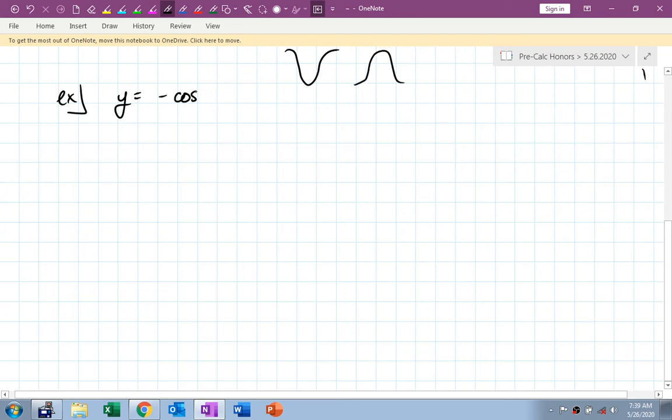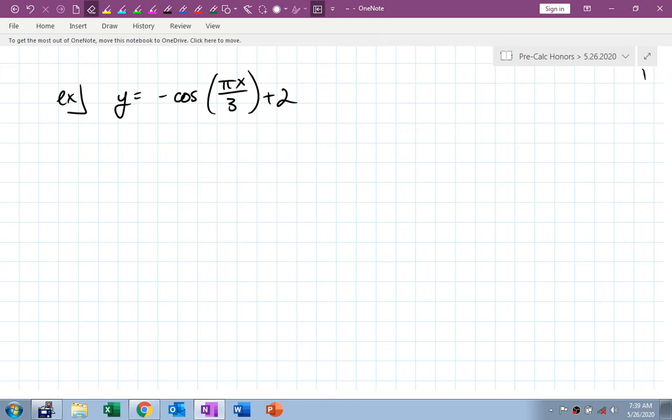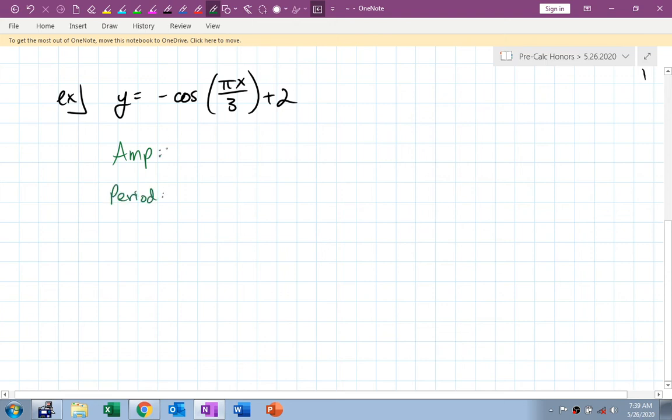Okay, we'll do pi x over 3, and then we'll add 2. So we still want to do our amp and period. Amplitude is going to be the absolute value of negative 1, which is just 1. Our period is 2 pi over 3, which is just 6.